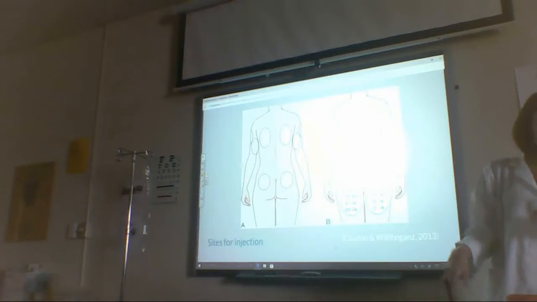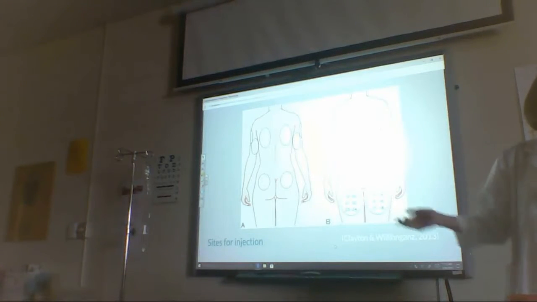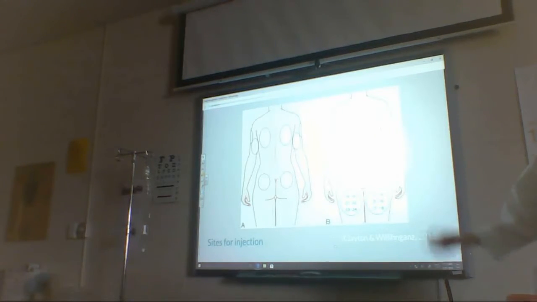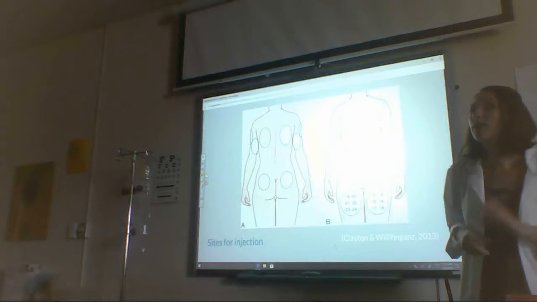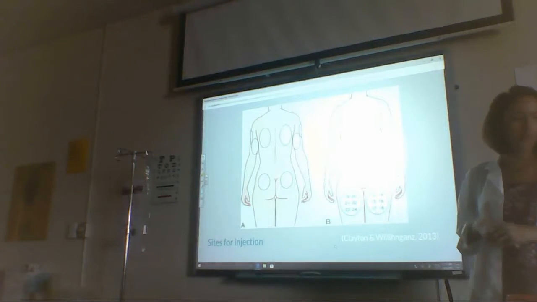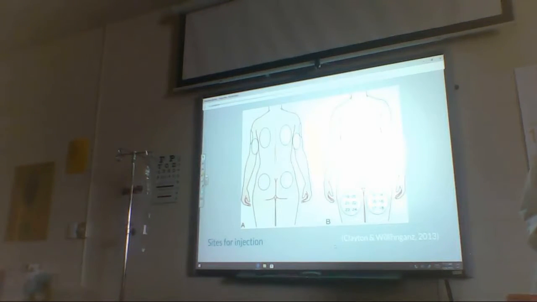So what are some things that you want to monitor that site for, especially your diabetics that are going to be getting injections 4 times a day, every day for 30 years? Dimpling. Okay. And so you want to look for that. That's considered lipohypertrophy or lipoatrophy.